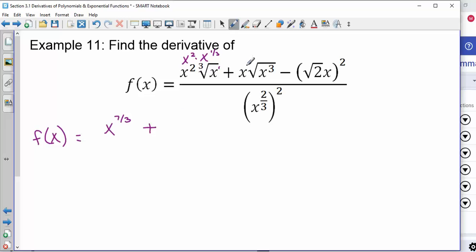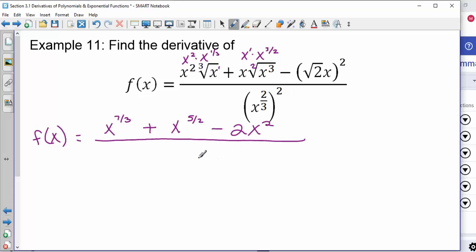Plus, this is an x times, if there's no index here, it's 2, so that's x to the 3/2 power. So again, if you add those exponents, 1 plus 3/2 is x to the 5/2. Minus, if I square this, radical 2 squared is 2x squared.